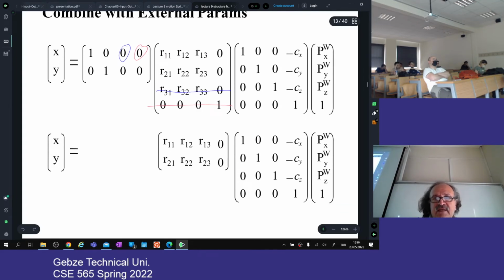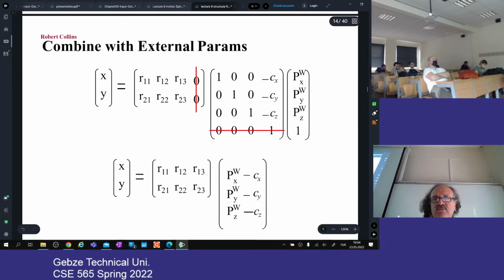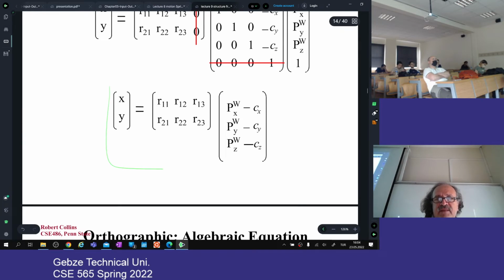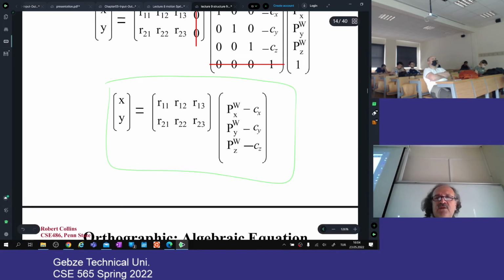This is gone. Similarly, because of these zeros, this is gone too. So I end up with this small system. How many unknowns? 6 here and 6 here. Total of 12 unknowns per given point and camera.